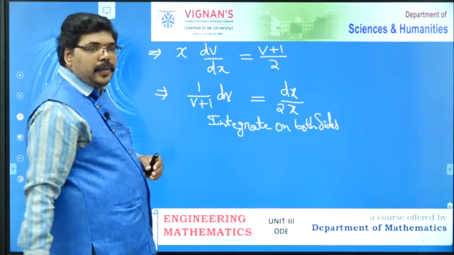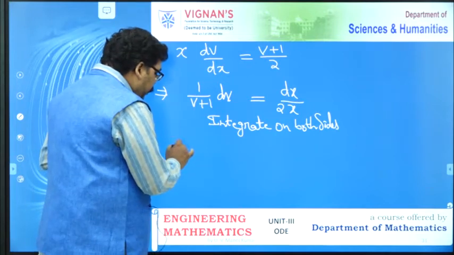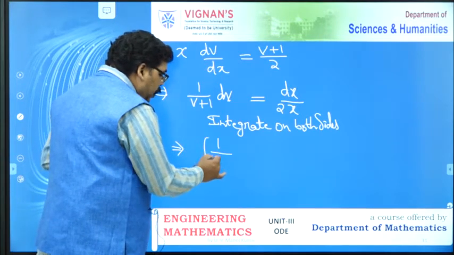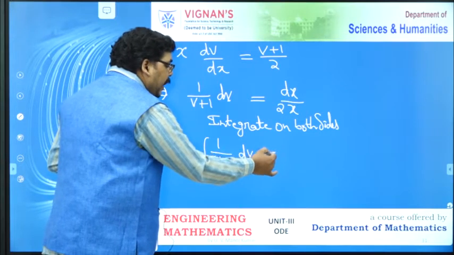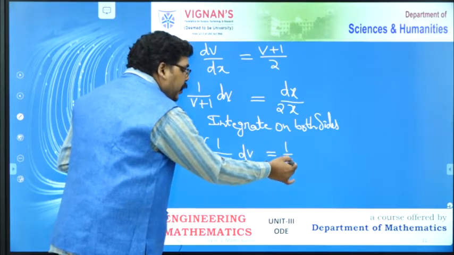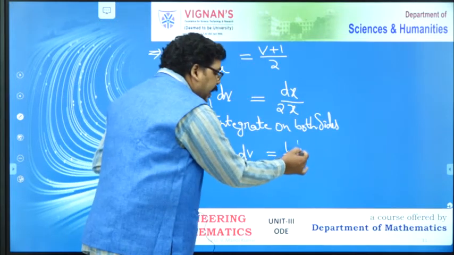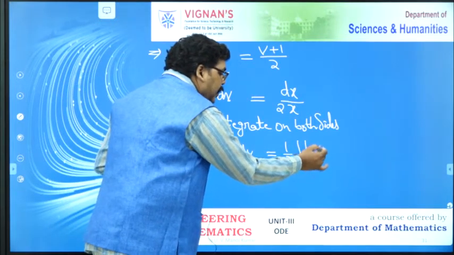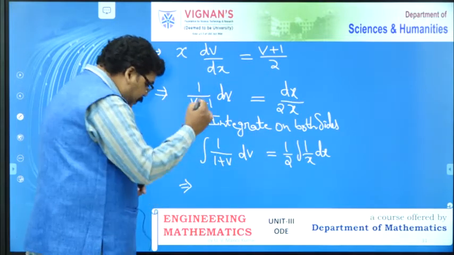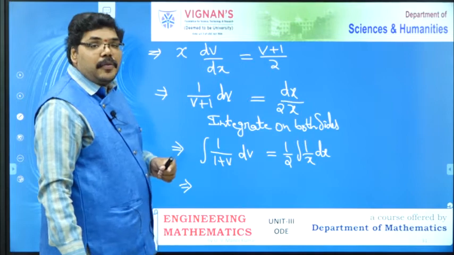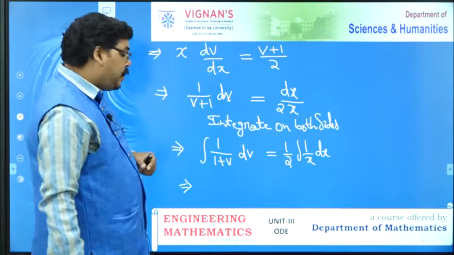So when you integrate on both sides, integral 1 by 1 plus v dv equals 1 by 2 is a constant, you write outside, integral 1 by x dx. What is the integral of 1 by x? Integral of 1 by x is log x.